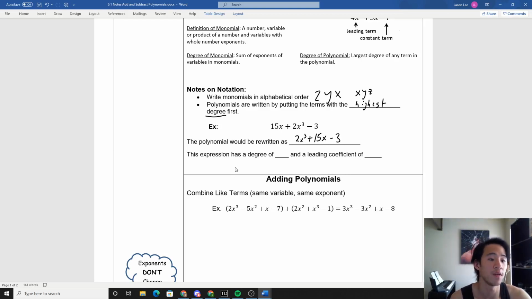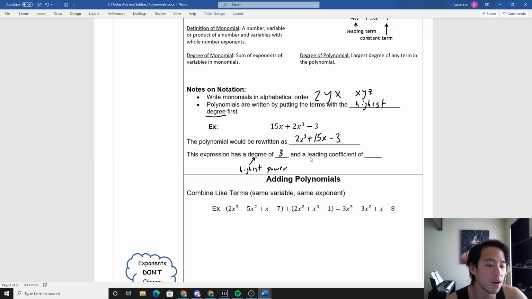Okay, so for polynomials, and you'll even see it up here, when we talk about the degree of a polynomial, this just means the highest power. So the highest power in our polynomial is 3.